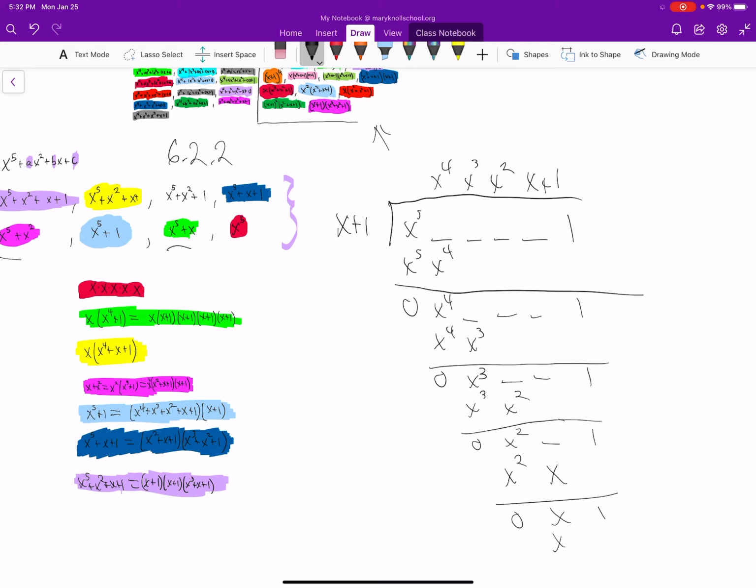So we get x plus 1, remainder 0. So we know it's factorable. We know that this factors into this here. So we can go ahead and write it out. x to the fourth plus x to the third plus x squared plus x plus 1, and then that's going to be multiplied by x plus 1.